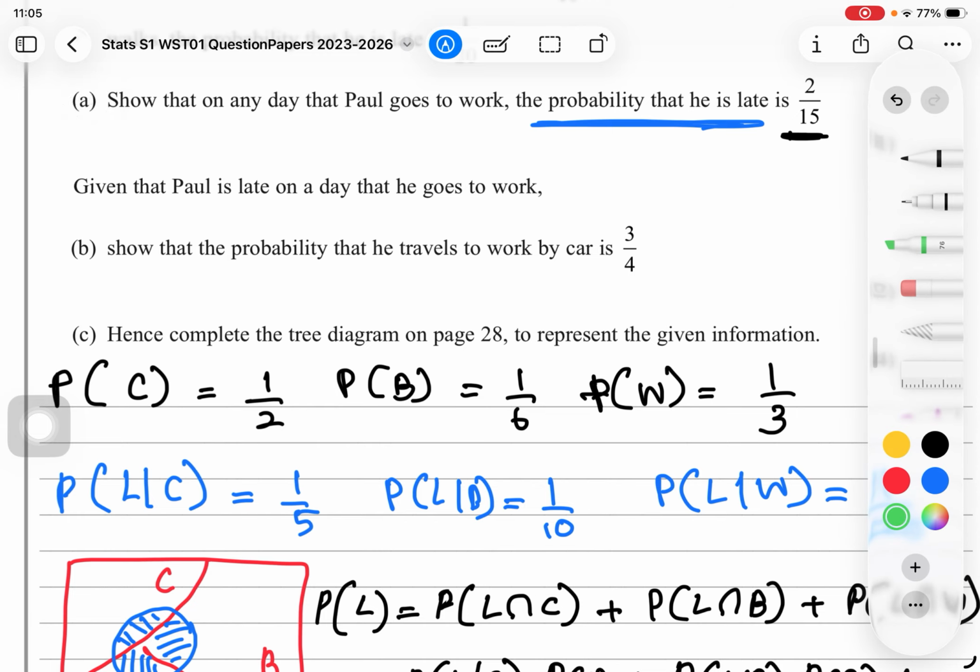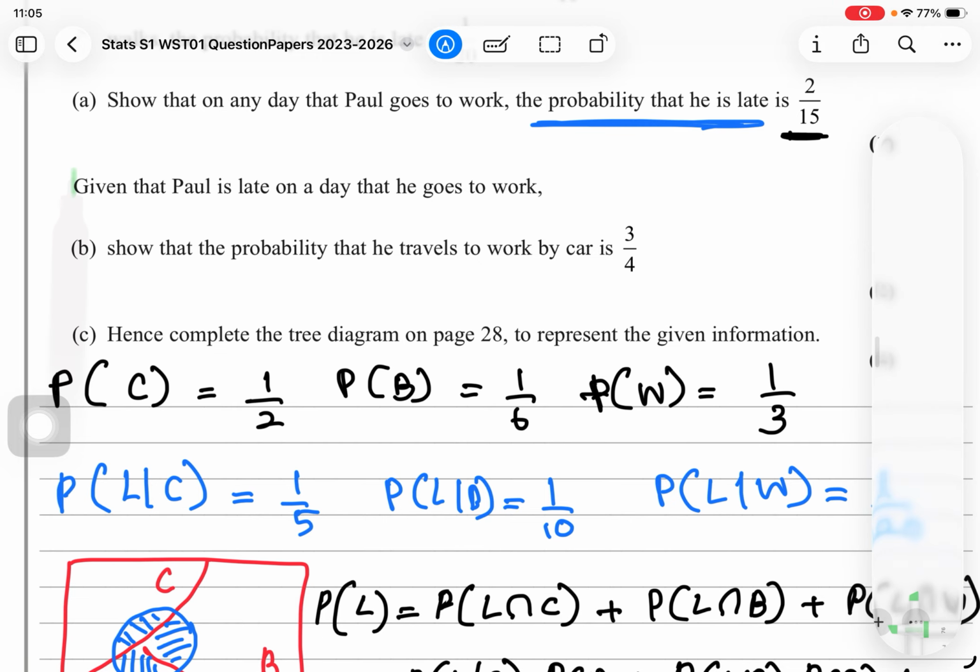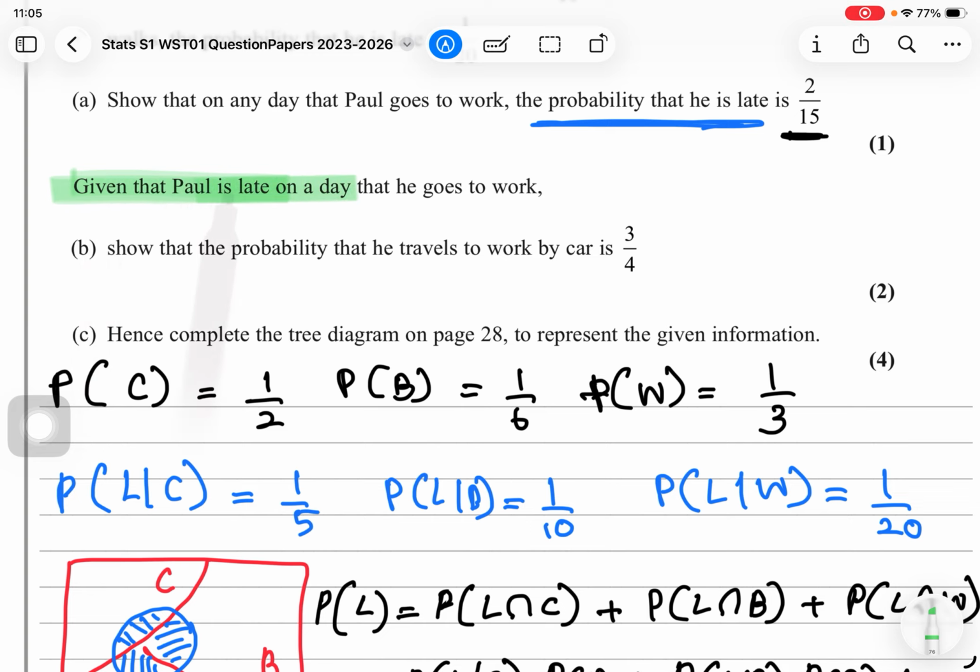In the next question, they are saying, given that the poly is late, meaning he is already late, you have to find the probability that he travels by car.